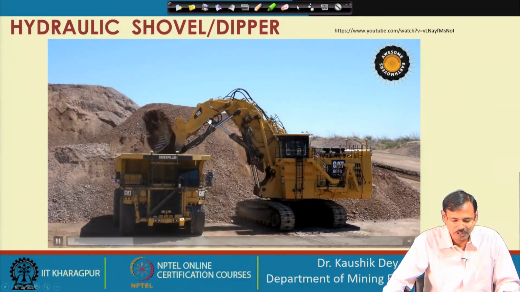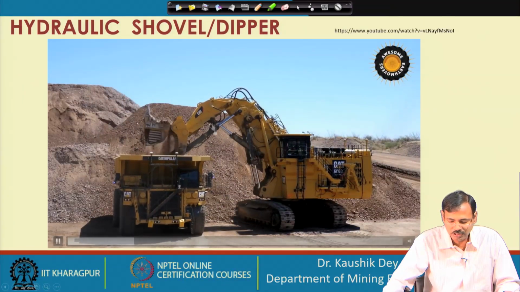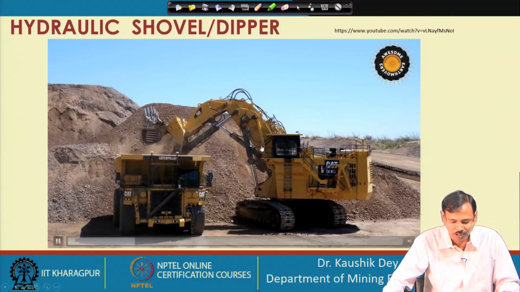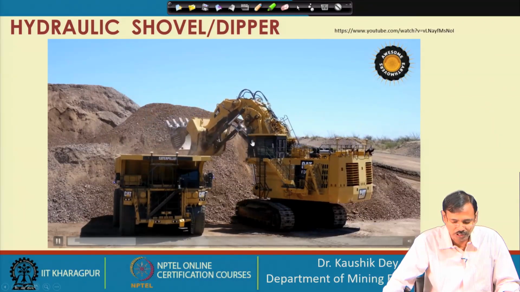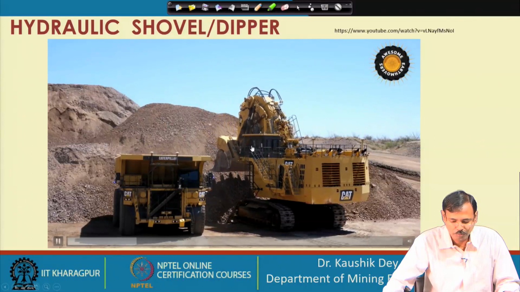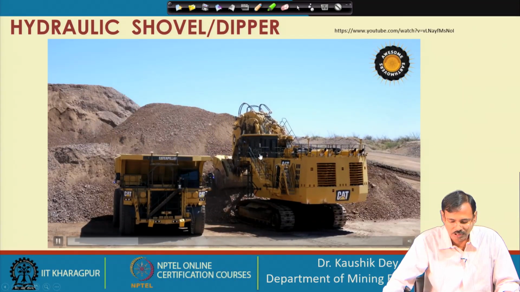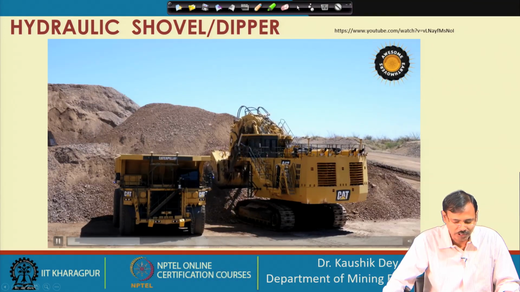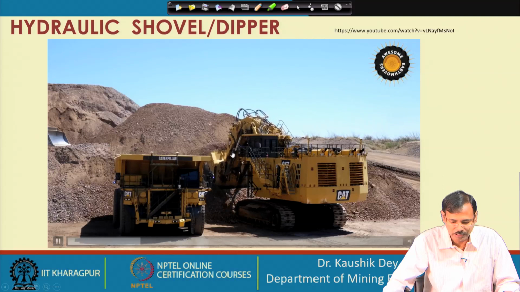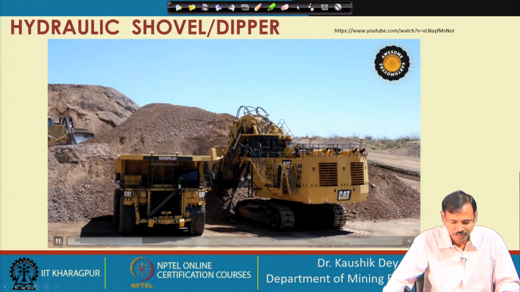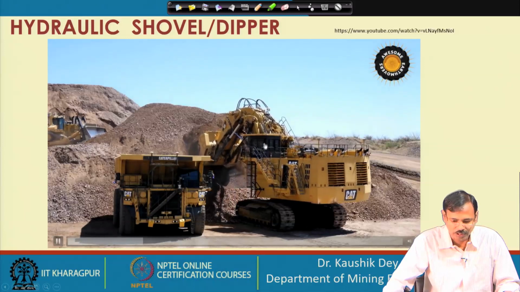So, that is why the operation is very easy, only the operator has to control those valves, so that the fluid can flow into that particular cylinder for its expansion or its returning to the pump. By that way a cylinder is expanded and a cylinder is also closed. So, this is the way this machine is operating.